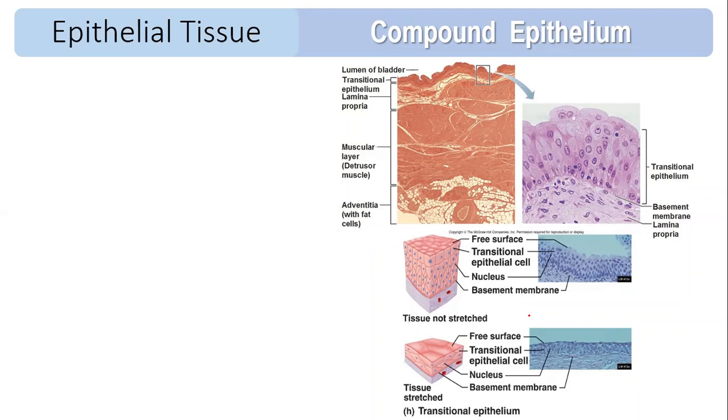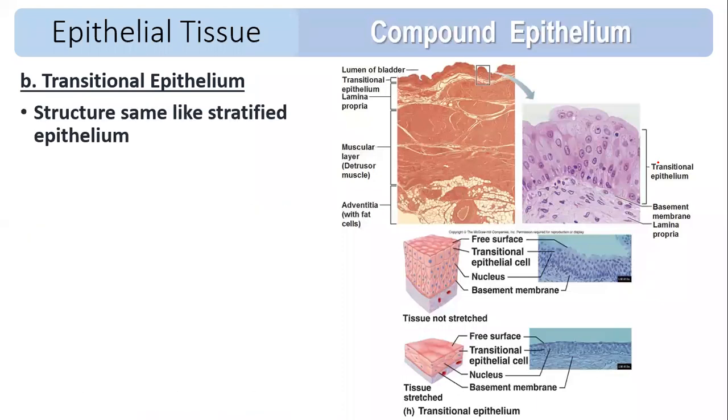Now you can see the uppermost surface can change its structure. These epithelia can undergo a change in shape and structure. Therefore, it is called transitional epithelium.